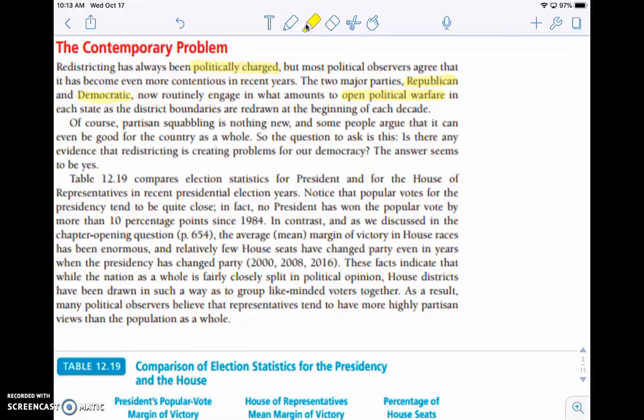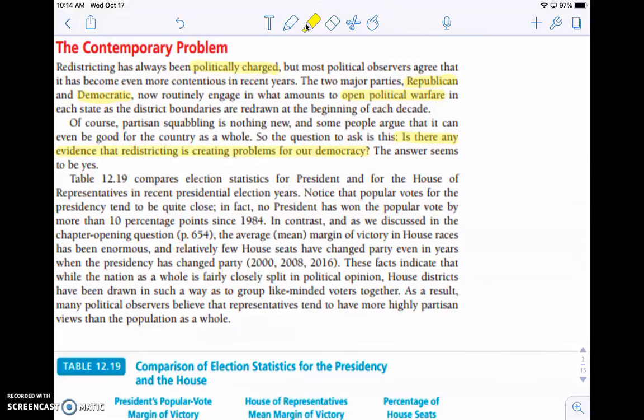But it's on how these boundaries are drawn and redrawn at the beginning of each decade when we have to reapportion after our census. Now, this is nothing new. There's always been political fight back and forth. And there's a question that the textbook asks: is there any evidence that redistricting causes problems for our democracy?